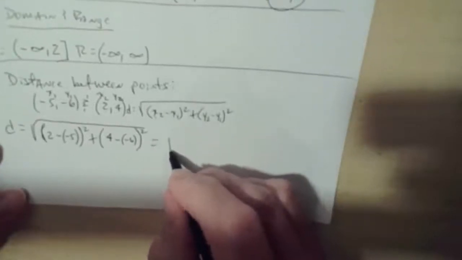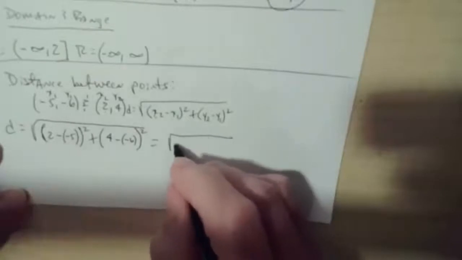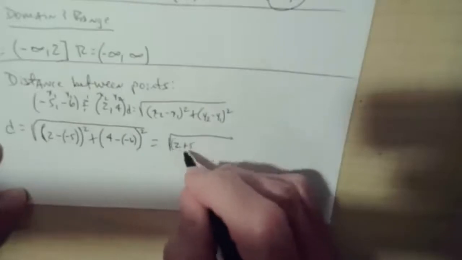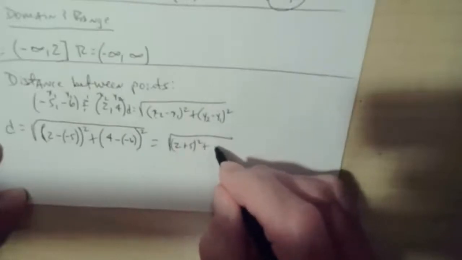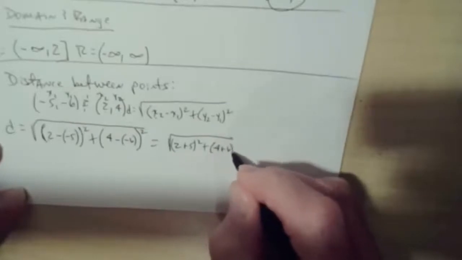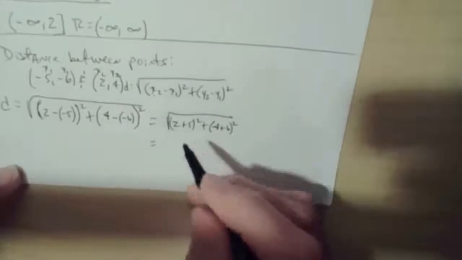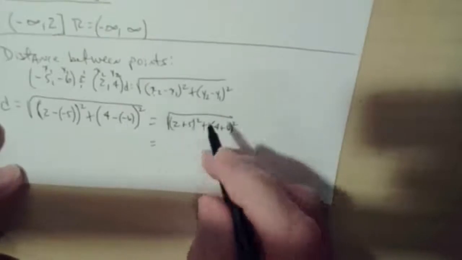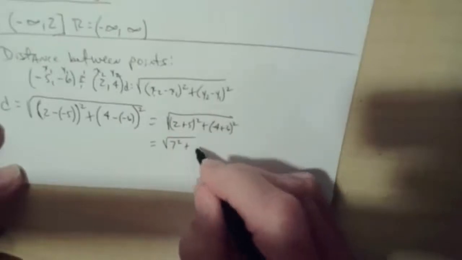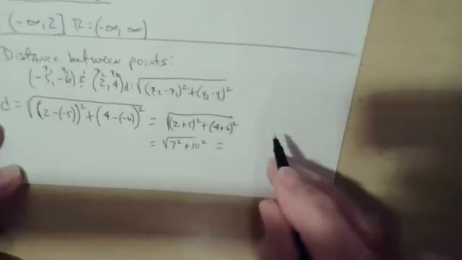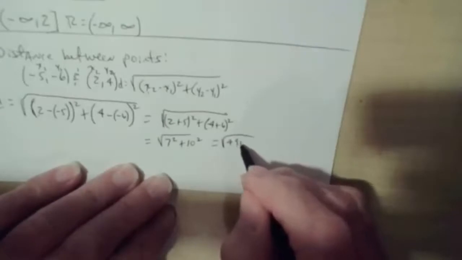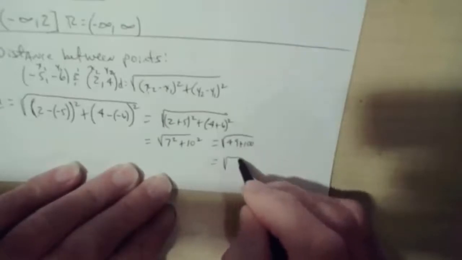Okay, so this equals the square root of 2 plus 5. Remember, minus and minus is a plus. Closed and squared plus, again, 4 plus 6 closed and squared. So this is going to be 7 squared plus 10 squared, which is the square root of 49 plus 100, which is the square root of 149.